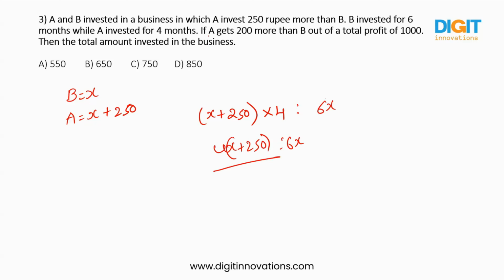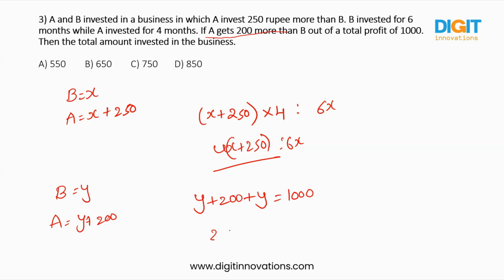So next one, A gets 200 more than B. So that means, let us think B's profit is Y and A's profit is 200 more than B. That means Y plus 200. So A is getting Y plus 200 and B is getting Y, in total profit 1000.